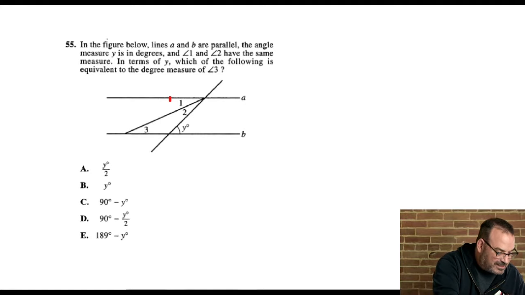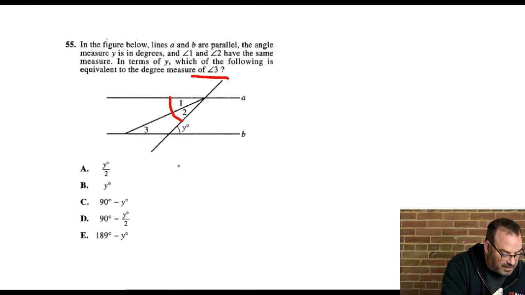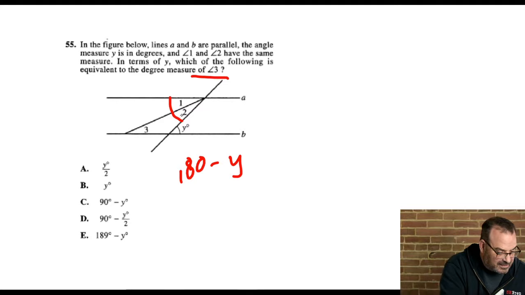Let's see. So this is bisected. Which of the following is equivalent to the degree measure of angle 3? So this is 180 minus y, and this is plus y over 2.